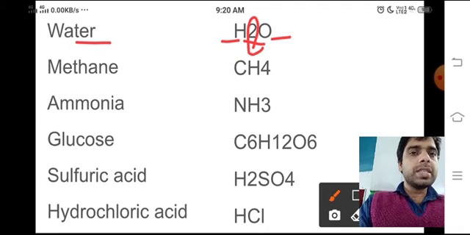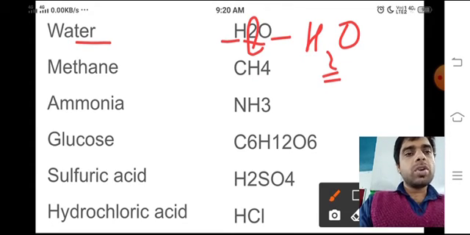So this is written as H2O. The 2 is written as a subscript, and oxygen is 1, so there is no need to write that 1. That is the chemical formula of water.